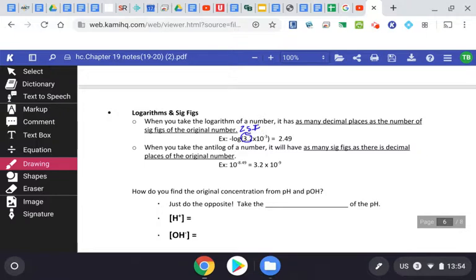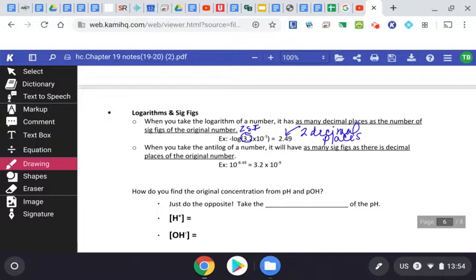When I take the logarithm of that number, my answer will have 2 decimal places. So if I take the log of a number, however many sig figs it has is going to be equivalent to how many decimal places your answer will have.